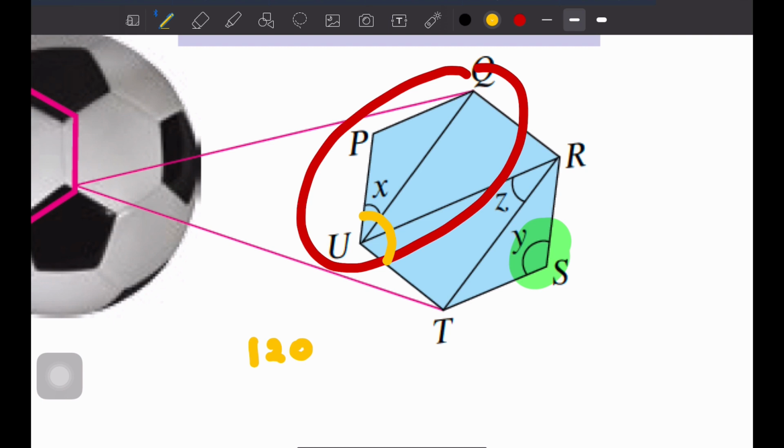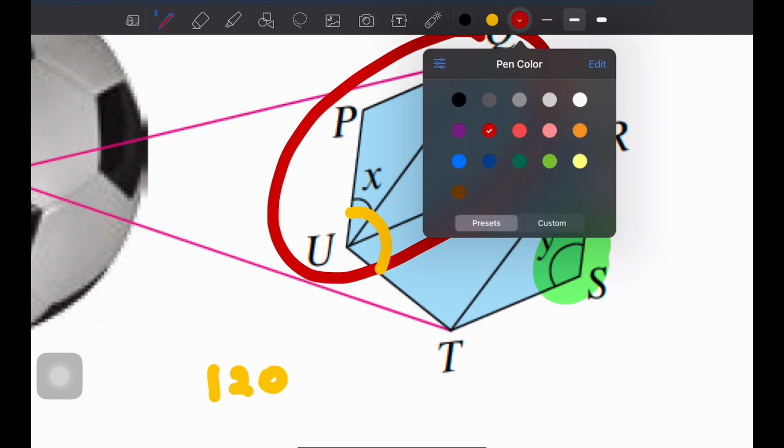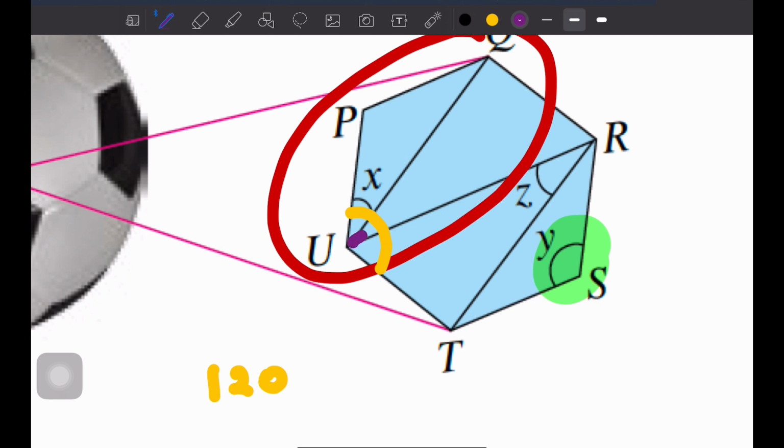We know this is 120, and this one, in purple, is 90, right?